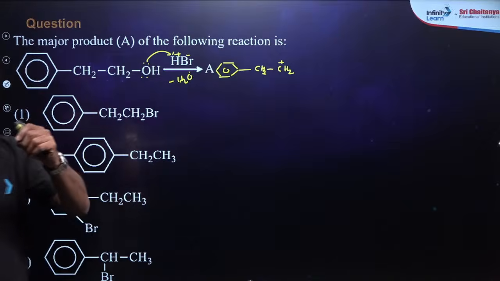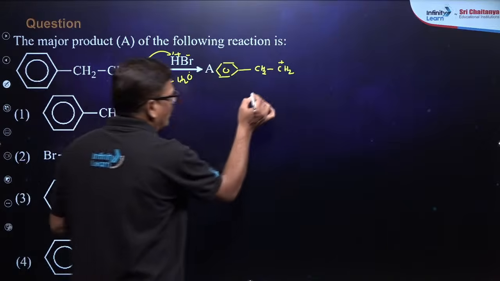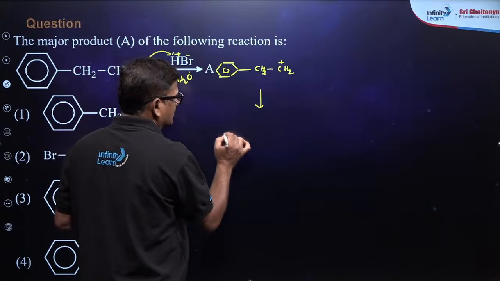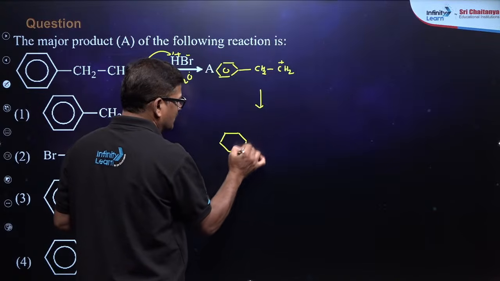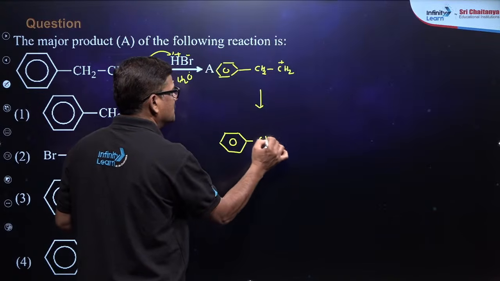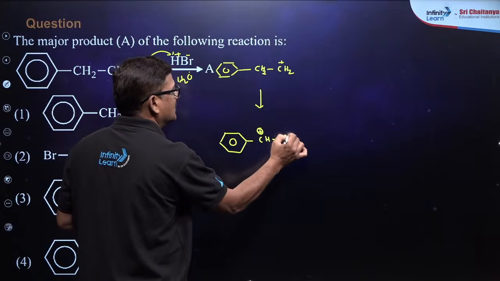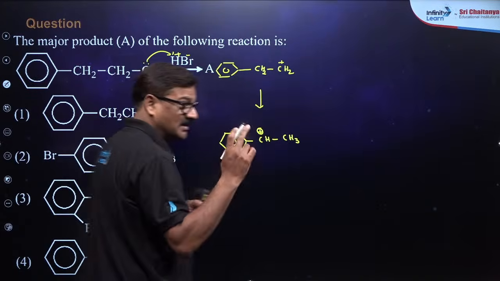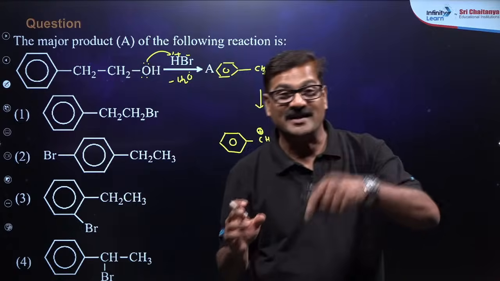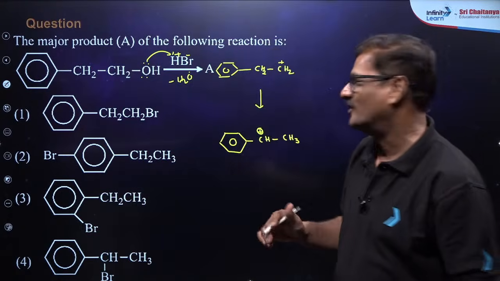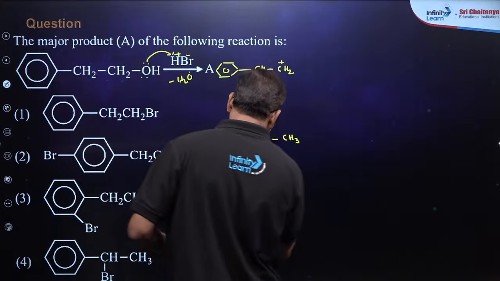Now this is a primary carbocation. It wants to rearrange, and it becomes CH plus and CH3. It is a secondary benzylic carbocation, which is very stable.